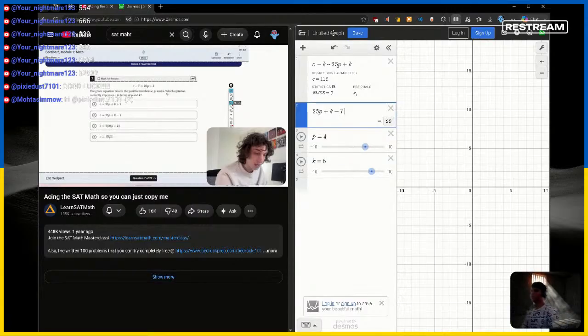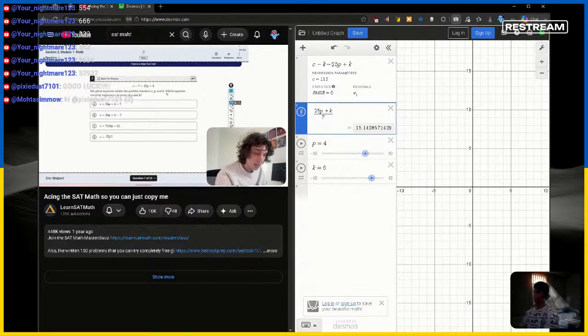We're trying to find an answer that's equal to C. So this doesn't work. 25p plus k, this definitely does not work. 25p plus k divided by 7.